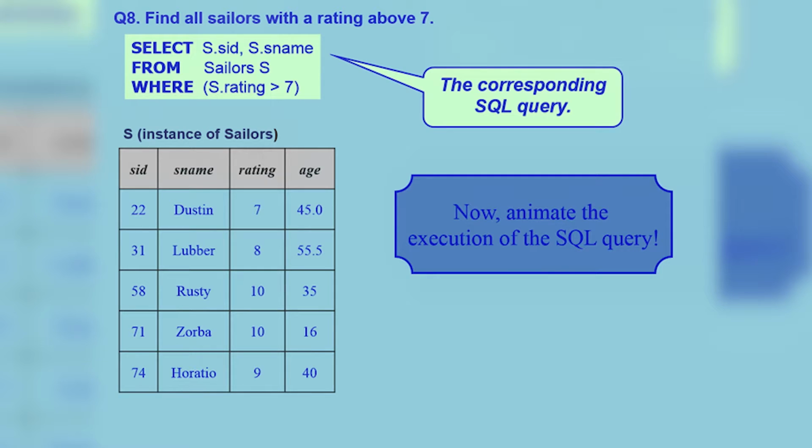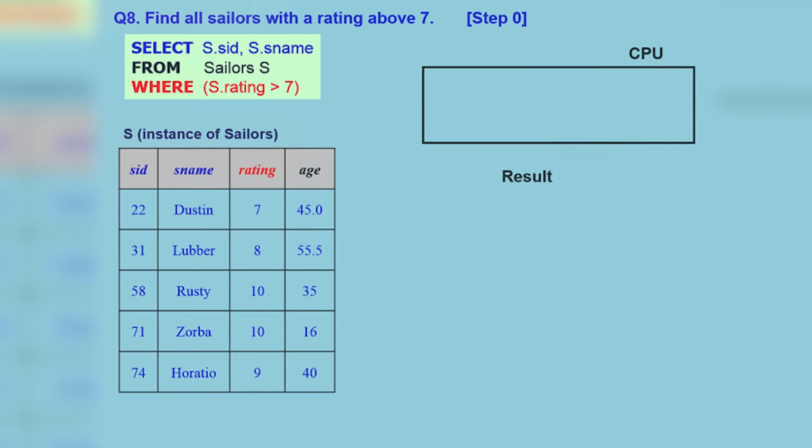Now, animate the execution of the SQL query. Our CPU will check the condition. You can see S, instance of sailors, with the red column rating.